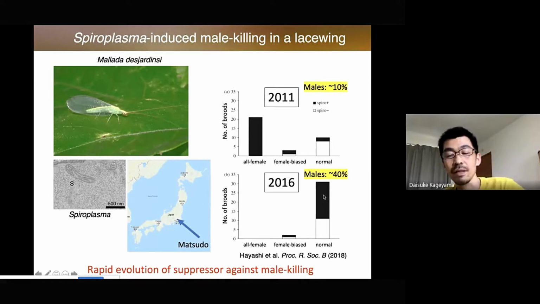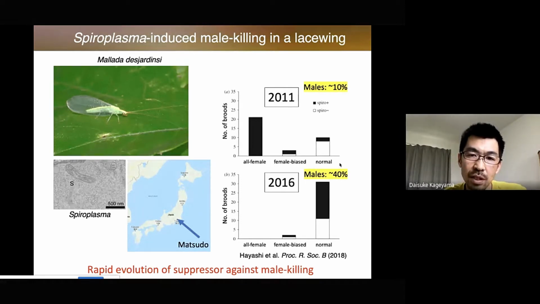But we had the breeding stock of a 2011 breeding line, so we could make a crossing experiment to see whether the sex ratio restoration was caused by host suppressors or not, and it is actually the case.